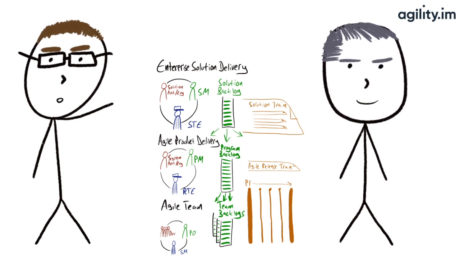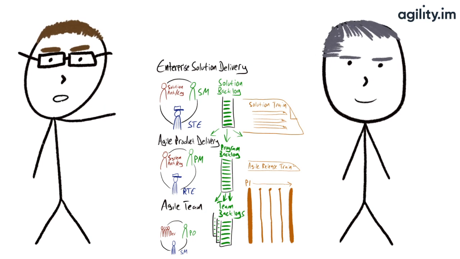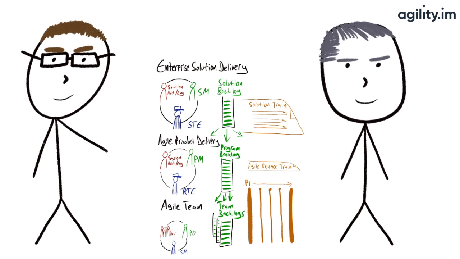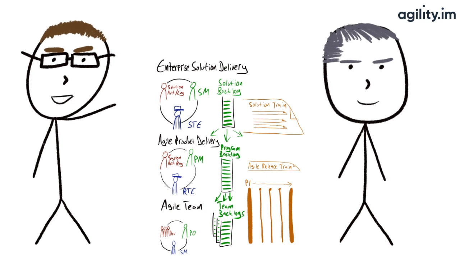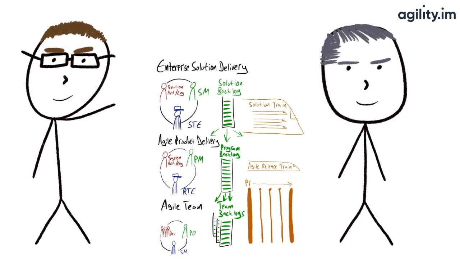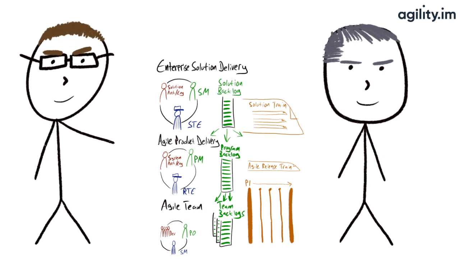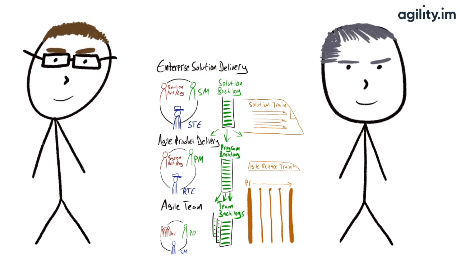You have a solution manager who coordinates a solution backlog, which then feeds down into individual program backlogs and then in turn down to the team backlogs. You have solution architects and engineers who again have technical authority, and they're leading the technical solution at that higher level, potentially coordinating across multiple agile release trains and working with system architects and engineers to then work with individual development teams to make sure that everything is aligned and is going in the right direction.